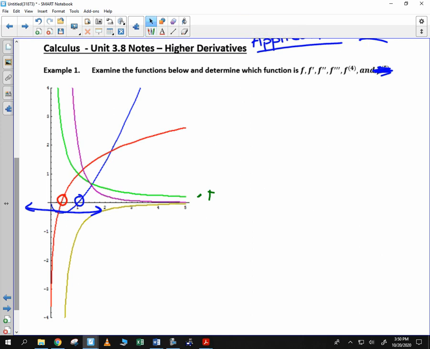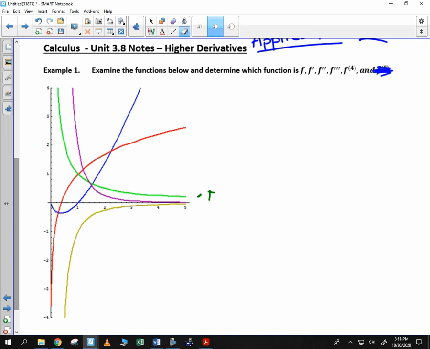So when I look at this graph, it appears to me that the blue one could be the original, and then the red one could be the derivative, because you can see this red spot right there, it crosses the x-axis right when the derivative is equal to 0.